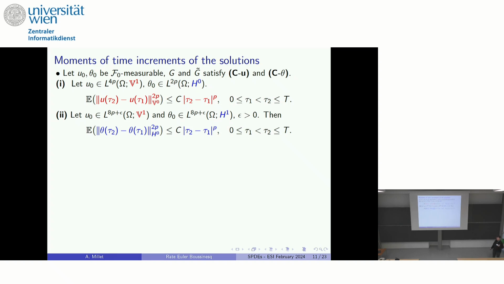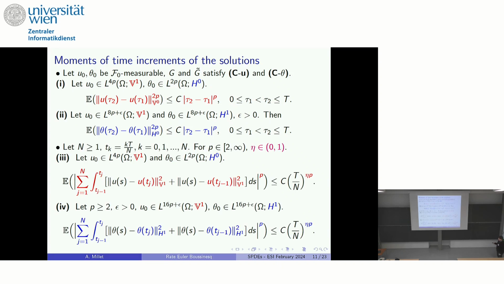I also need to control what's going on for time increments in the H1 norm. But there, the good news is that we can stick with the same regularity of the initial conditions, because this more refined, more singular norm will only appear inside the time interval.